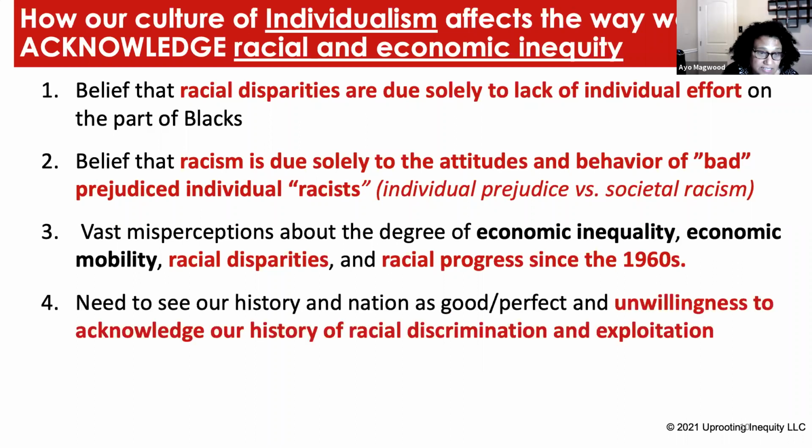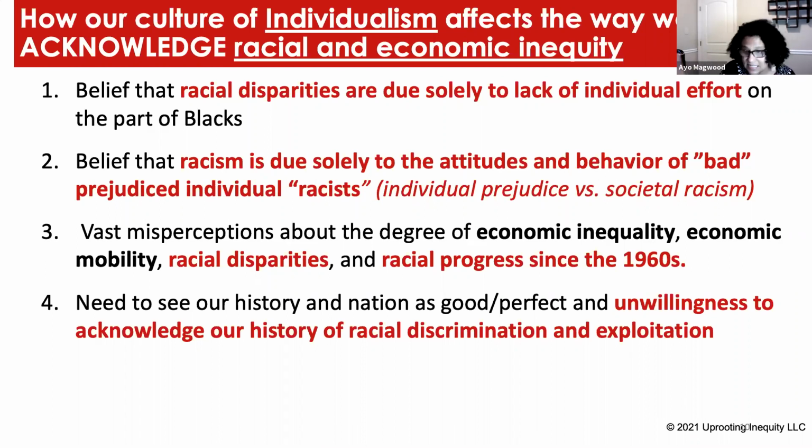I'll show you just a little bit. And it also leads to this really strong need to see our history and nation as good and perfect, and this unwillingness to acknowledge anything, quote unquote, bad or negative, including our history of racial discrimination and exploitation. You can see across the country there's this pushback to even discussing the role of race, slavery and racism in schools.